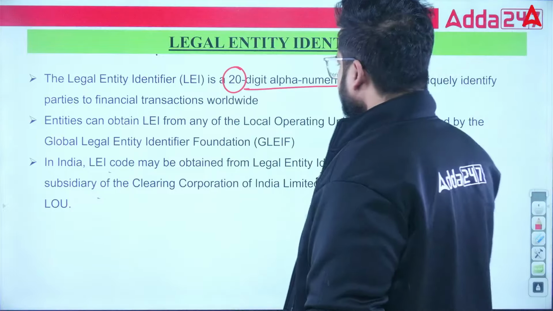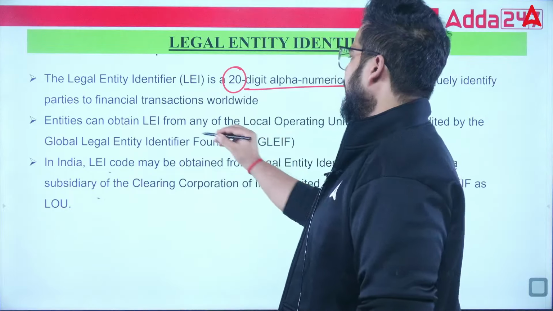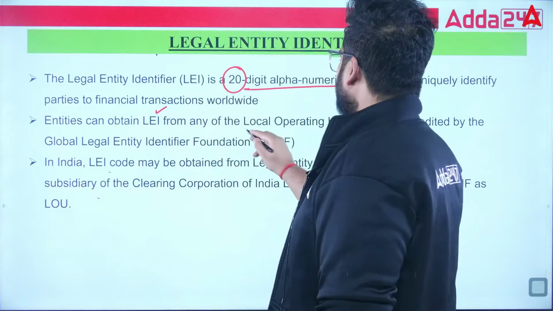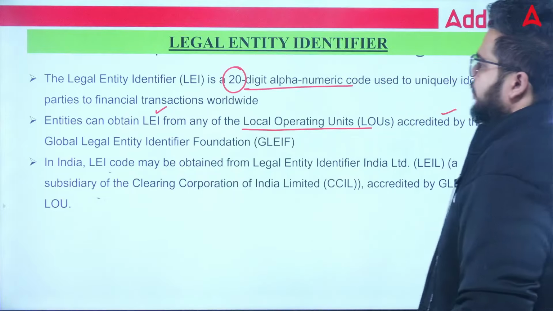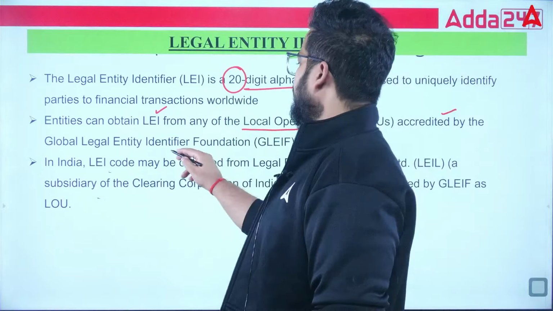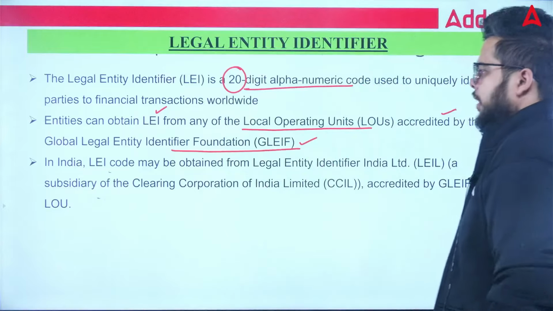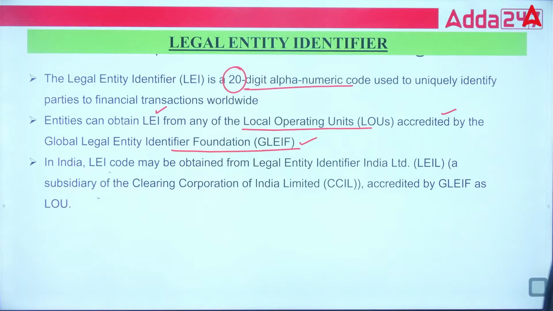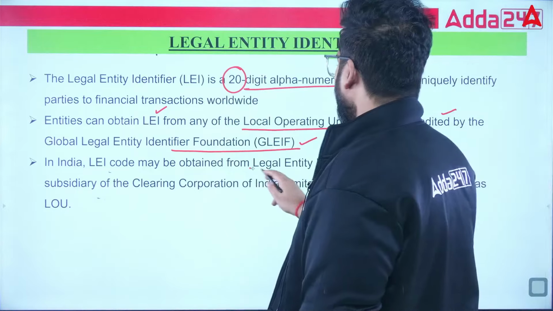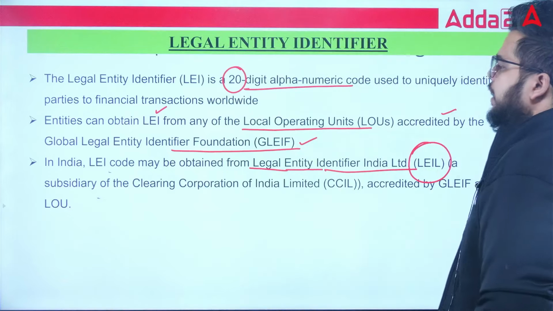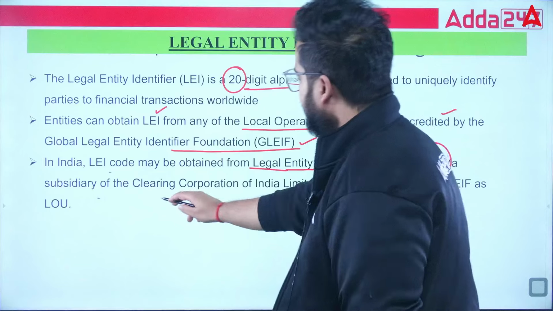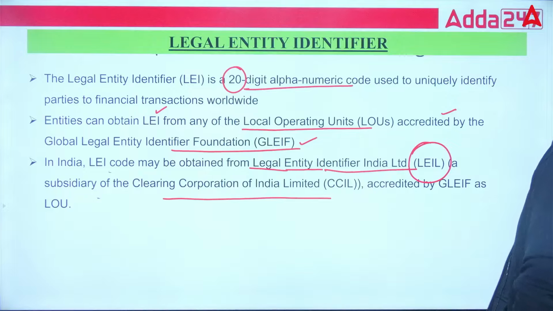And when we talk about the entities, they can obtain LEI from any of the local operating units, LOUs, accredited by the Global Legal Entity Identifier Foundation, that is GLEIF. And in India, we have the same functions performed by Legal Entity Identifier India Limited, that is LEIL, which is a subsidiary of Clearing Corporation of India Limited, CCIL.